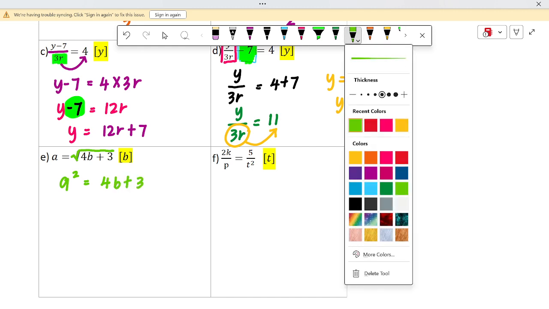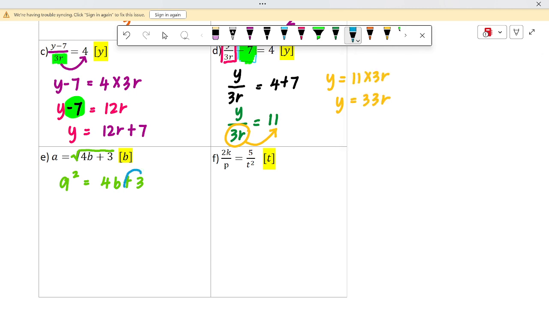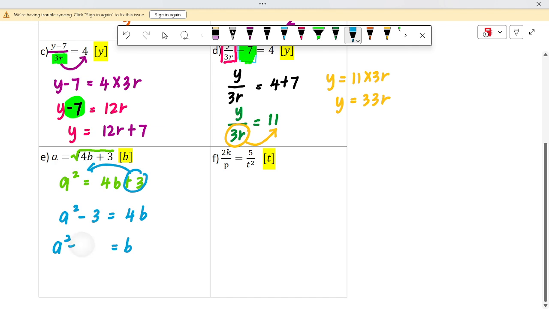Your next step will be positive 3. You shift here, it will become negative. So a square minus 3 equals 4b. Last step, b equals a square minus 3 over 4. The relationship of 4b was 4 times b, so times will become divide. That's all for question E.